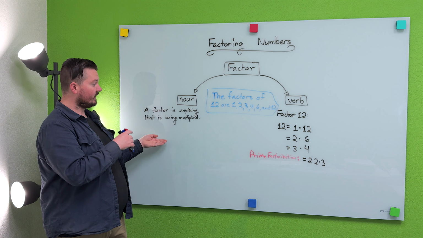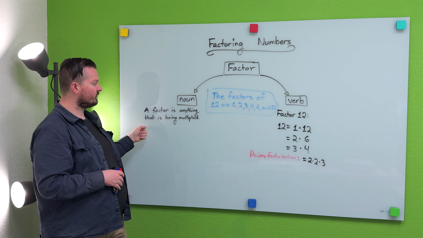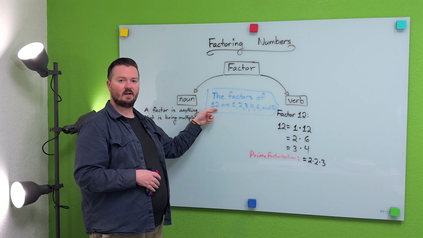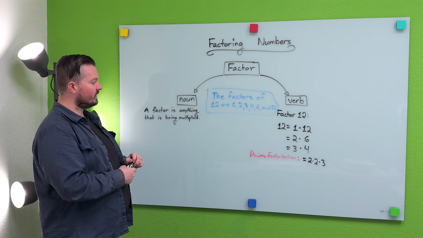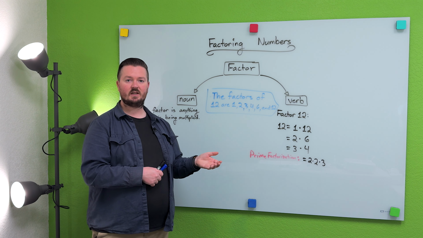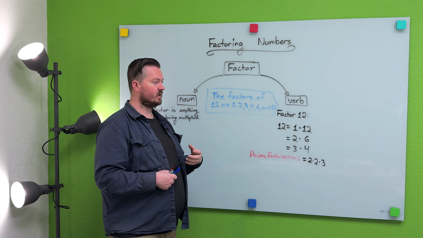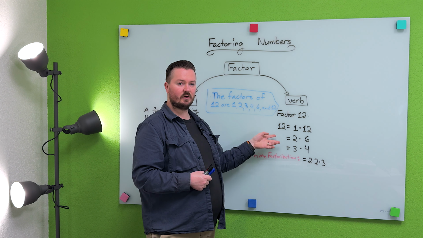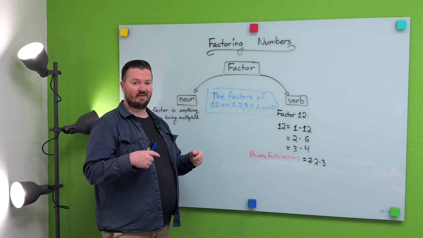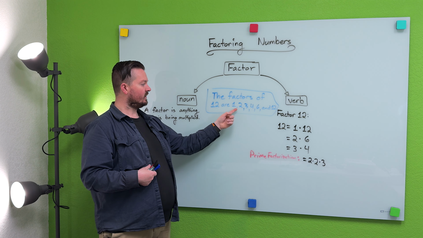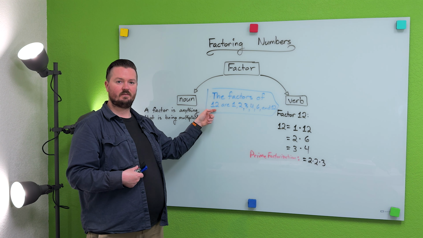And when we say factor as a noun, we're talking about the things that we multiply to get a certain number. So that's essentially it. When we talk about factoring, you just have to be clear. When we're talking about factoring, is the objective to rewrite a number as multiplication? Or are we interested in the factors, the numbers that we multiply to get a certain number?